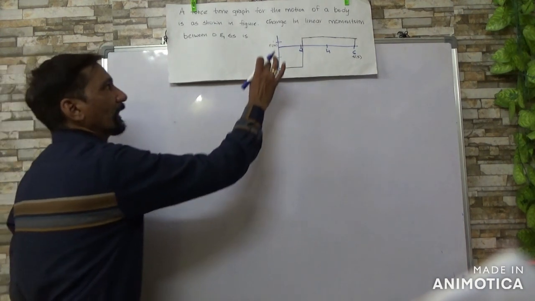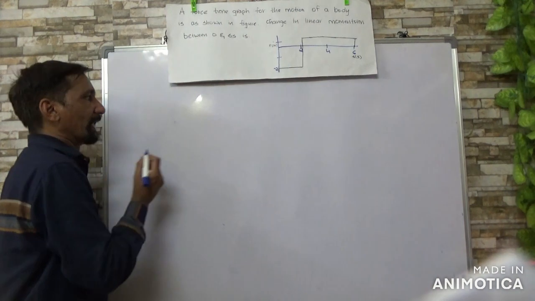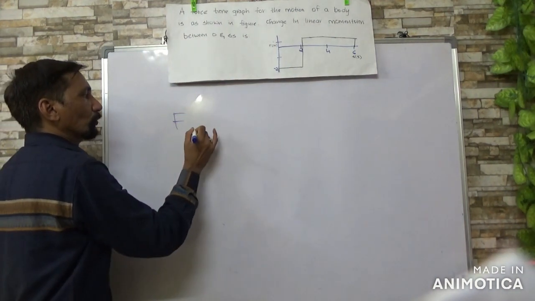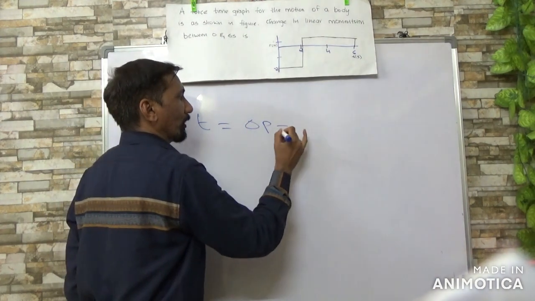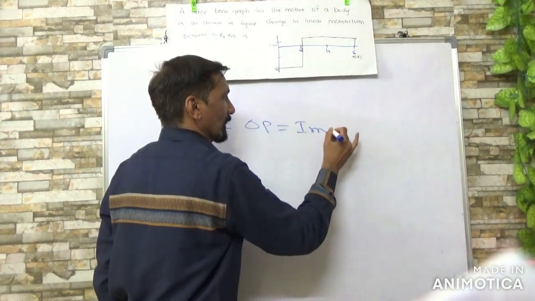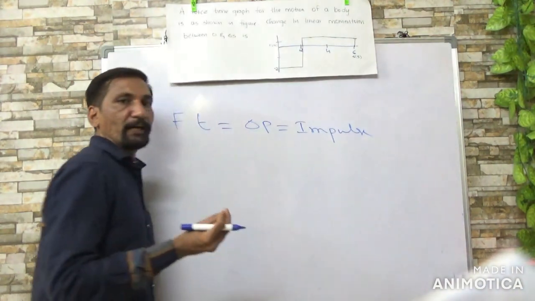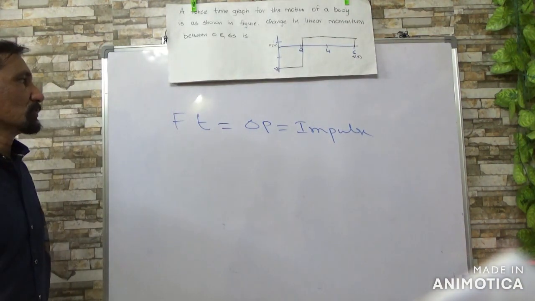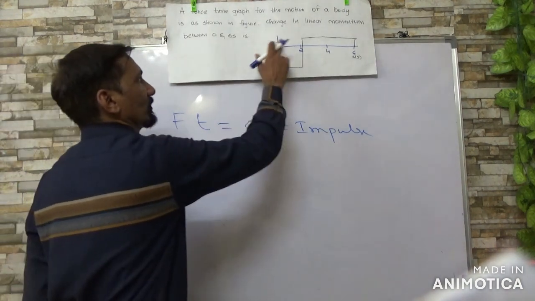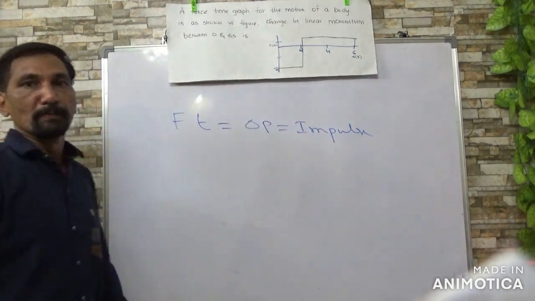So you know, the area of this product, force into time, gives the change in momentum, or it is also called impulse, when a great force is acted within a short interval of time. So it is very clear that the area of this graph is equivalent to impulse.